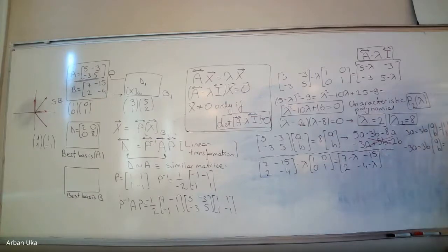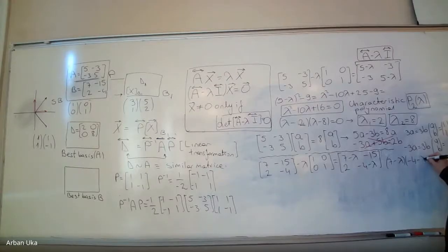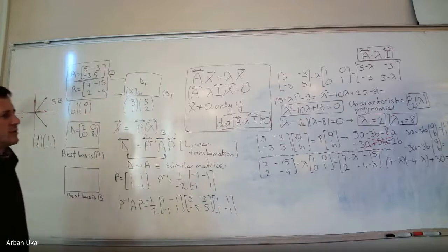Then the polynomial is going to be 7 minus lambda times -4 minus lambda, second degree again. That is true. Here we get plus 30. So we will expect 2 roots or 2 eigenvalues, lambda 1 and lambda 2 again. What is the polynomial that we get here?